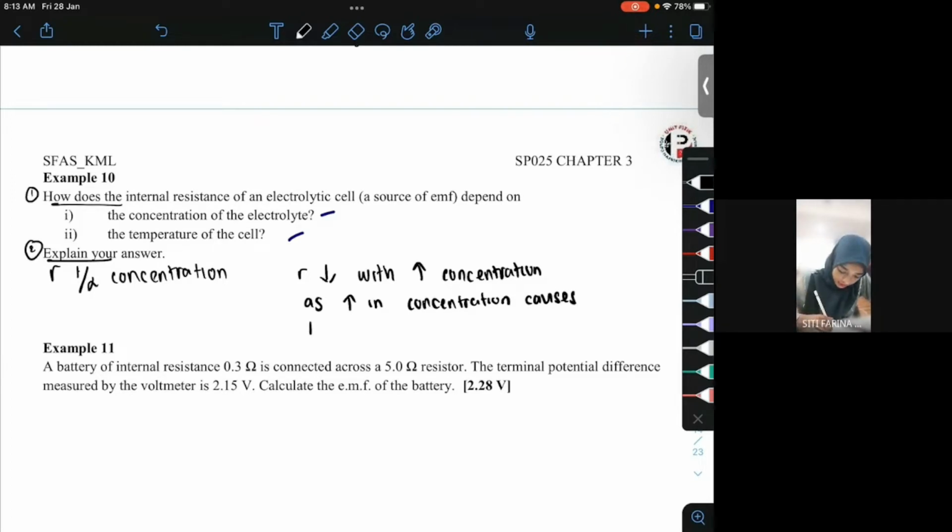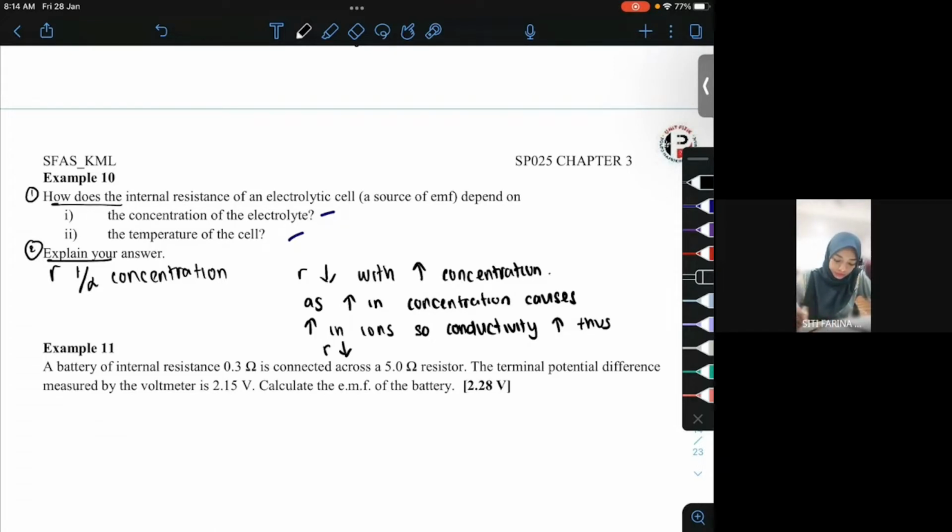Causes increase in ions, so conductivity between them increases, thus resistance decrease.